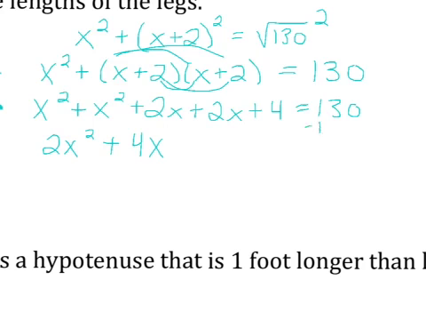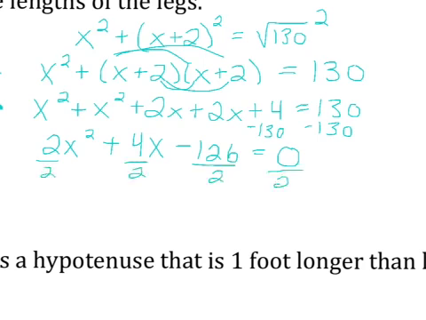And I'm going to subtract 130 to the other side so I can set everybody equal to 0. So that'll be minus 126. And then if I look at the numbers 2, 4, and 126, those are all divisible by 2. So I'm going to divide everybody by 2 so I can make the numbers a little smaller.